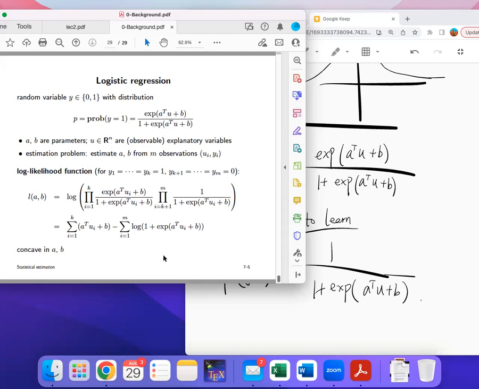The second term, this part is convex. But because of this negative sign, it is concave in A and B, right?